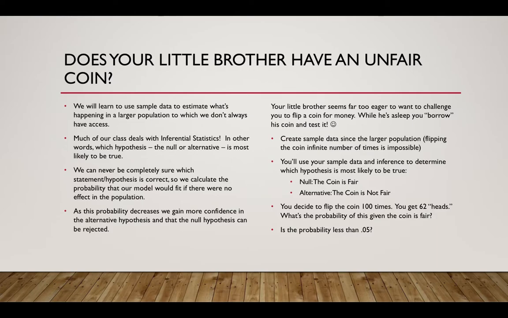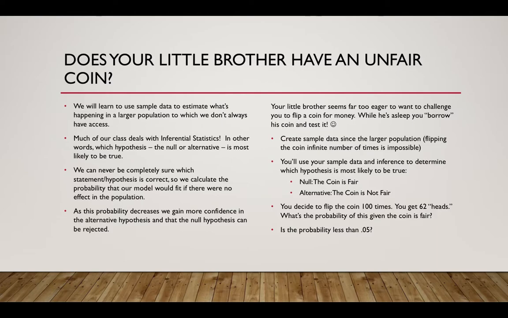Third bullet, you decide to flip it 100 times. Maybe you've got more time and flip it 200, even better. Maybe you've got a lot of time, you want to flip it 1,000 times. Flip it as many times as you want, but you have to get it large enough to meet certain conditions in statistical testing. So you get 62 heads. Is that decent?